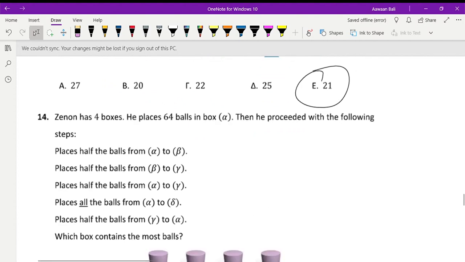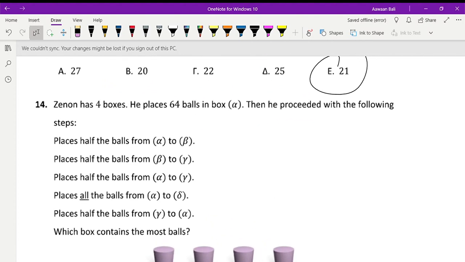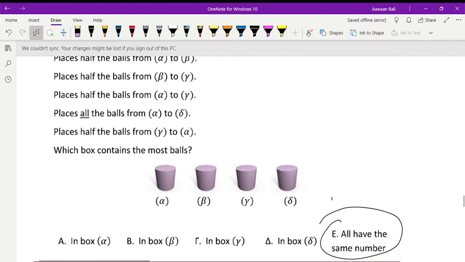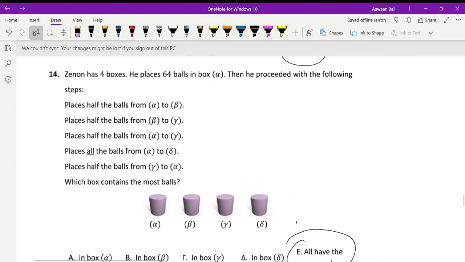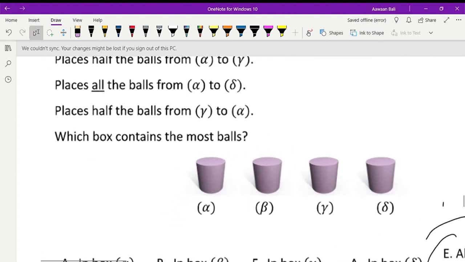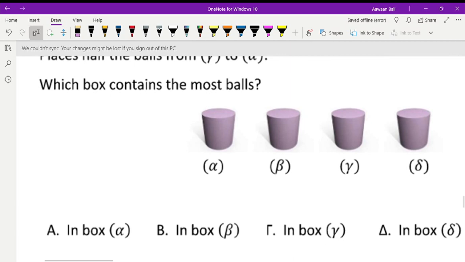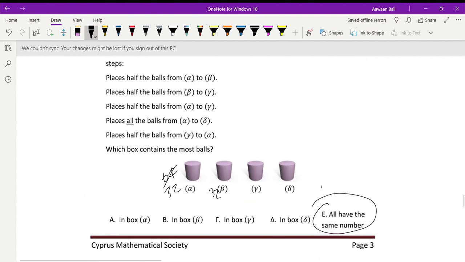Question number 14. Zenon has 4 boxes. He placed 64 balls in box A. Then he proceeded with the following steps. So place half the balls from A to B, alpha, beta. So if there's 64 already in alpha, that means 32 would go here and 32 would go here. Place half the balls from beta to gamma.